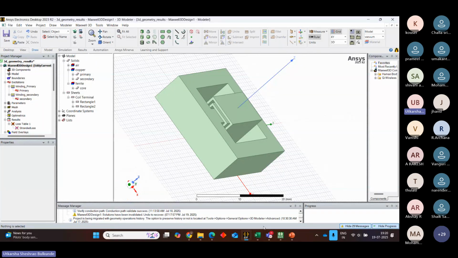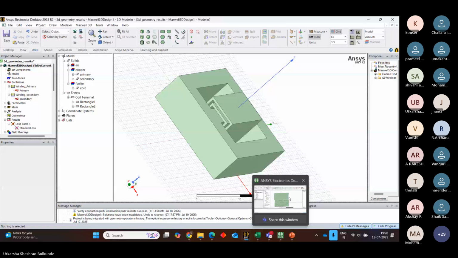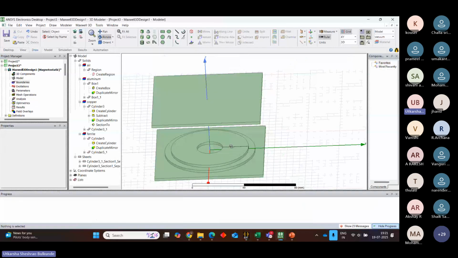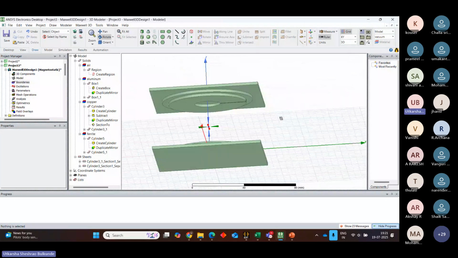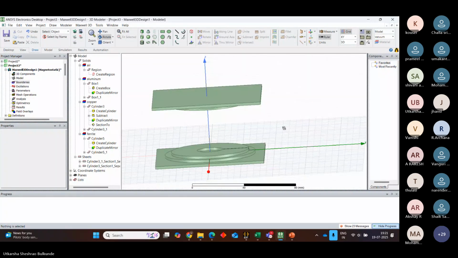Understood the difference? Why we are able to use this here and why we were not being able to use that there? See here, this copper winding, the center of your copper coil, is the center of your Ansys Cartesian system, right? That's why this section option worked here.